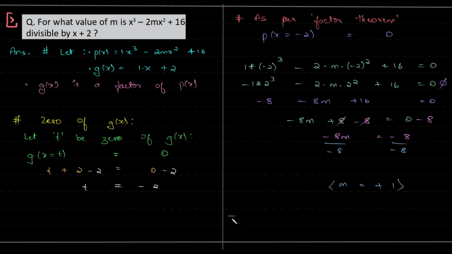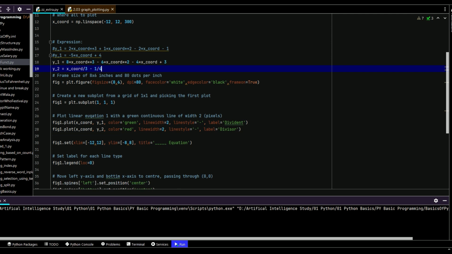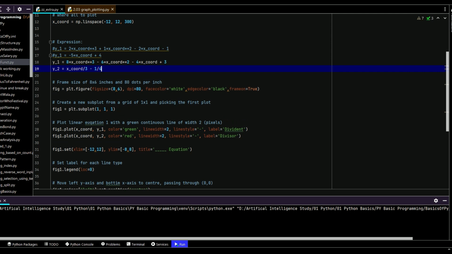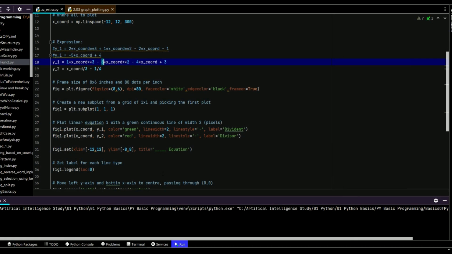Right. So for verification, I'll use a graph. Your expression will be x³ − 2x² + 16, right? And x + 2. Remember that: x³ − 2x² + 16. Here x³, minus 2x² itself.